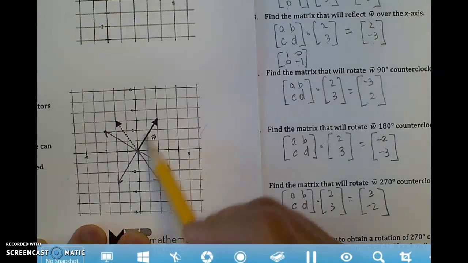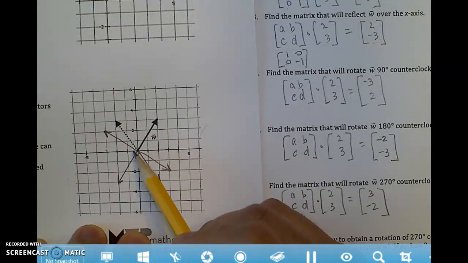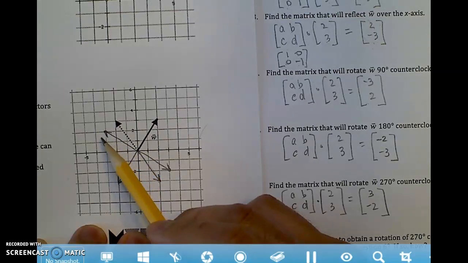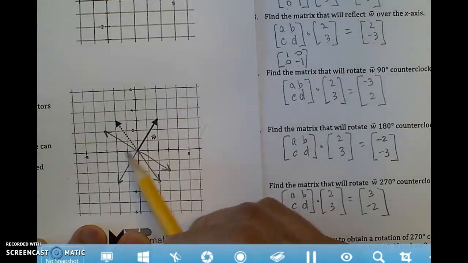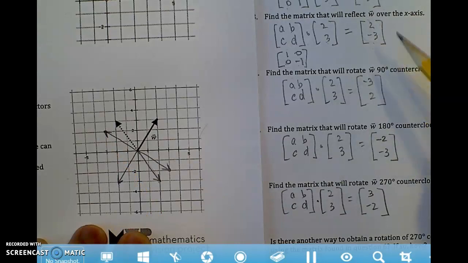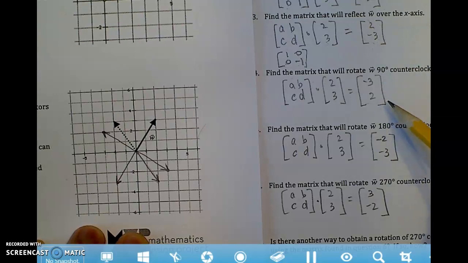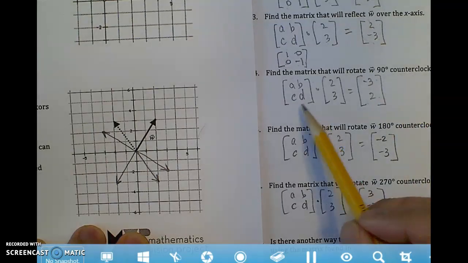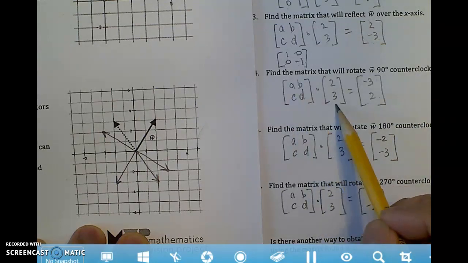I did that application to get my 90 degrees counterclockwise version of vector W. The horizontal component for this vector is negative 3, vertical positive 2. So I want to figure out what matrix I need to multiply my W matrix by to get this.